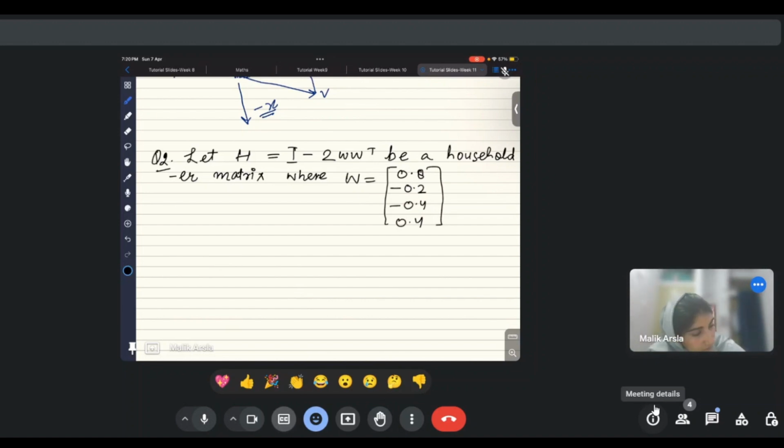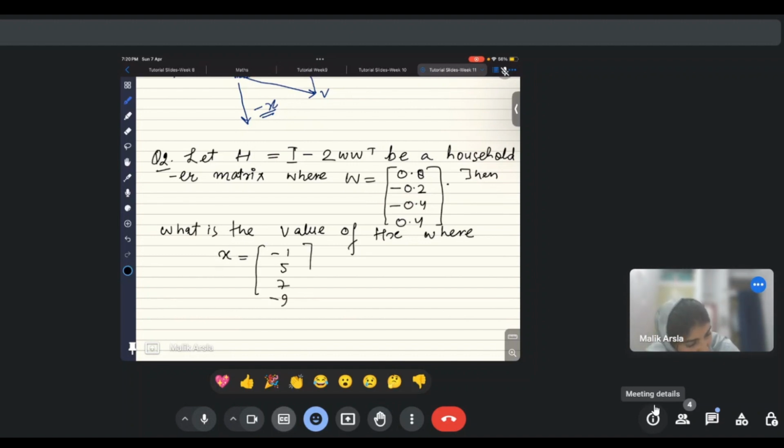Then what is the value of H(x), where x = [−1, 5, 7, −9]?